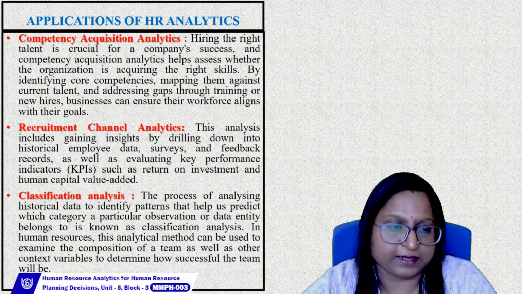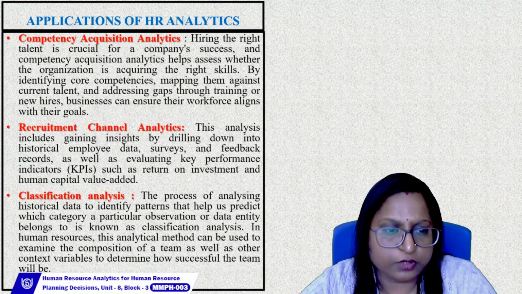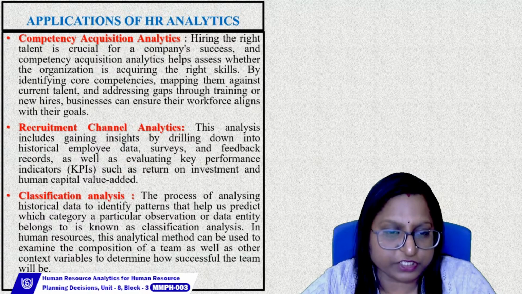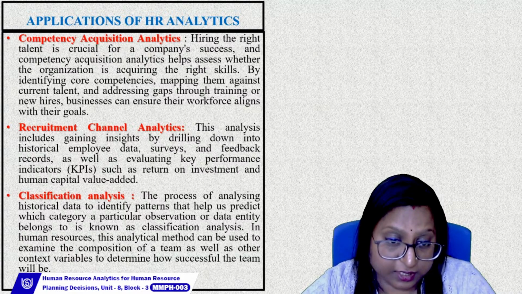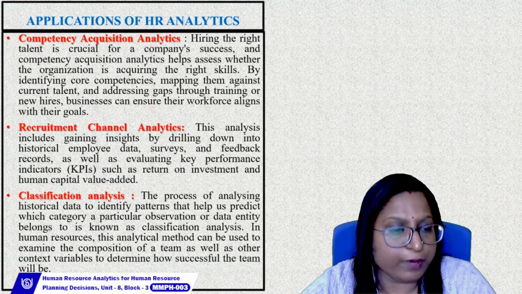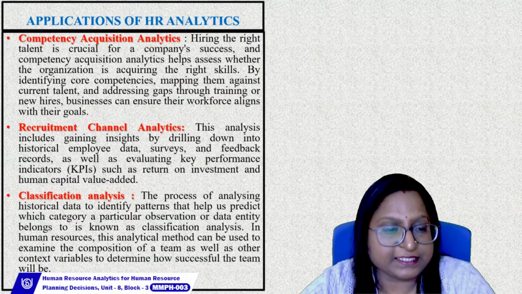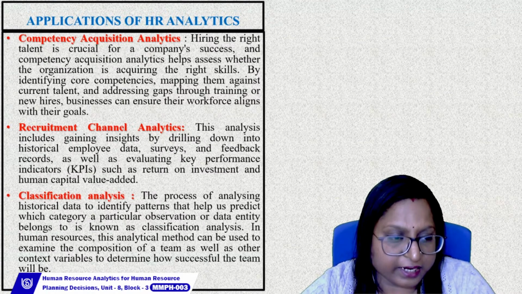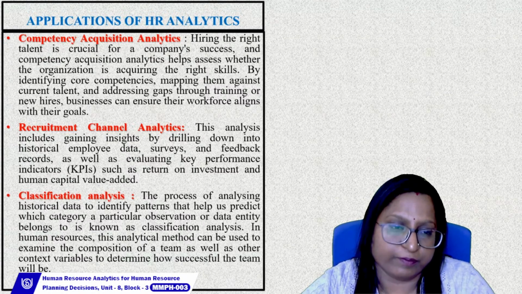Next is classification analysis. The process of analyzing historical data to identify patterns that help us predict which category a particular observation or data entity belongs to is known as classification analysis. In human resources, this analytical method can be used to examine the composition of a team as well as other context variables to determine how successful the team will be.